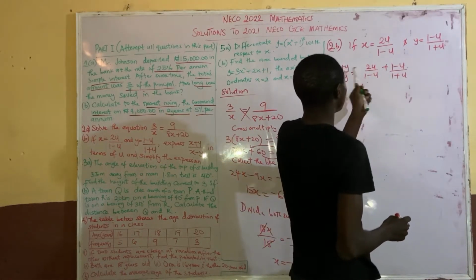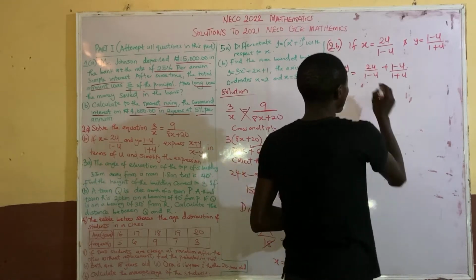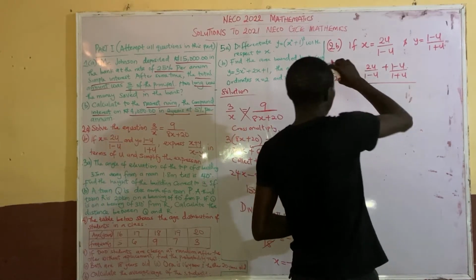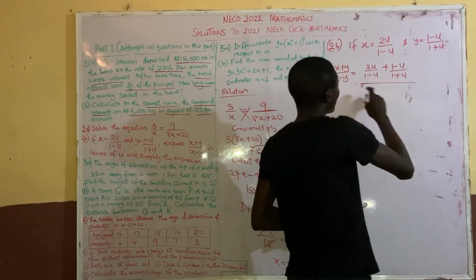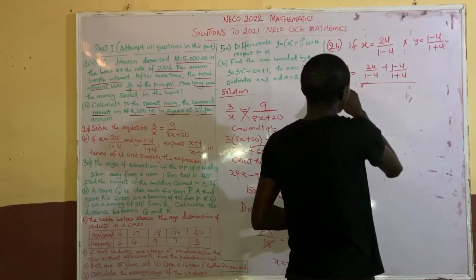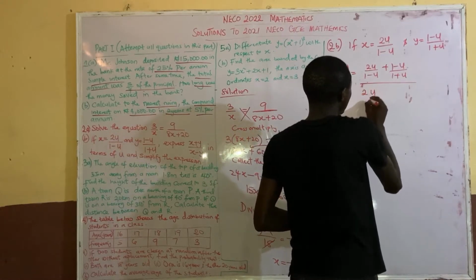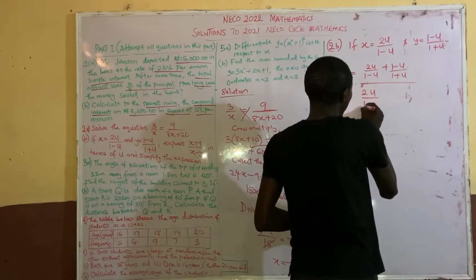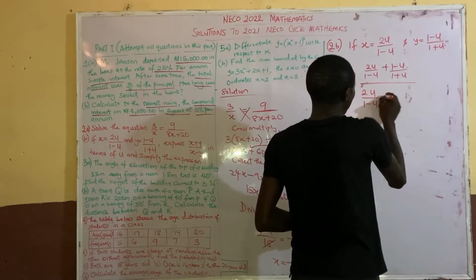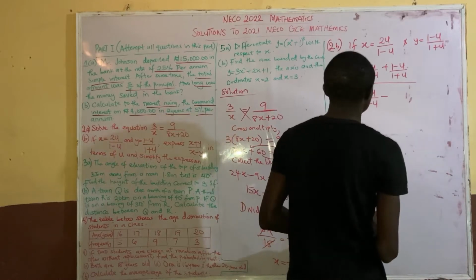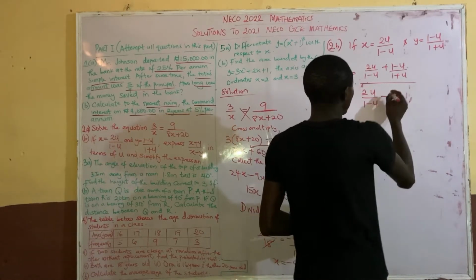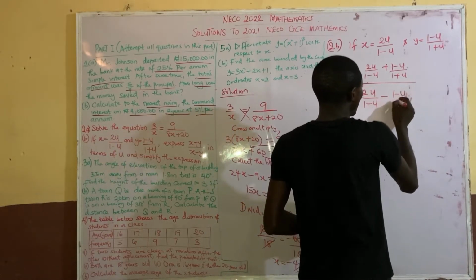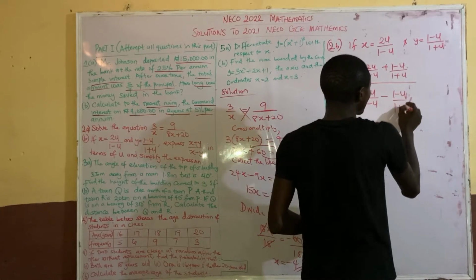You have to substitute for x and y at the numerator. Now the denominator, you have x here, 2u all over 1 minus u minus 1 minus u all over 1 plus u.